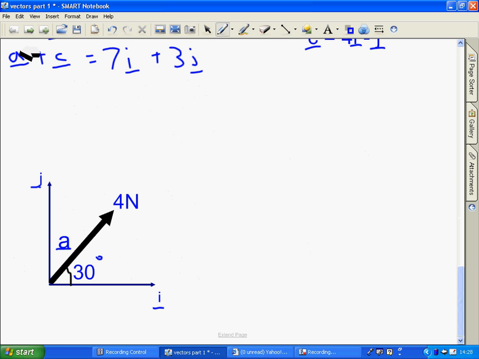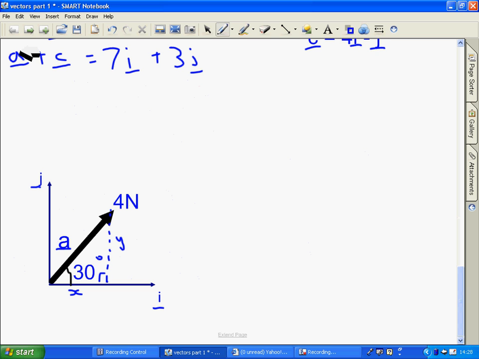Now, to put this back into its component parts, all I would need to do is use trigonometry. Now, 4 we know is the hypotenuse. Relative to this angle, the j component is the opposite. Let's call that y for the moment. And the i component is the horizontal. Let's call that x for the moment.